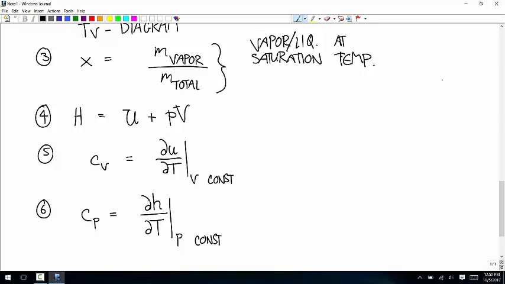On the other hand, enthalpy has pressure in it. So that's how I remember that C sub P is the one that has a pressure dependence, and C sub V is the one that doesn't. Any questions about that? Okay.